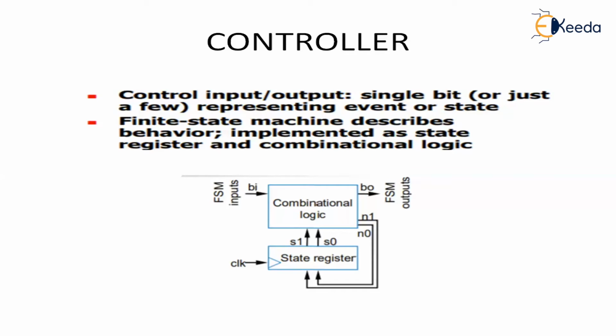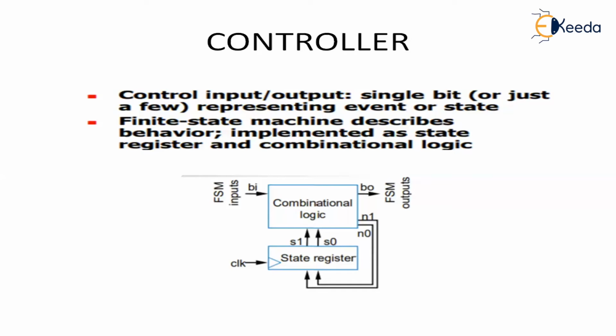So your inputs from the state registers are S1 and S0, which are the previous state. The present state and the next state will be stored in the state registers, and a clock is going to trigger the state register. It will give the present state data to the logic, and the FSM is going to implement the function, and the outputs will be taken. At the same time, the state will be updated to the next state, which is N0 and N1.